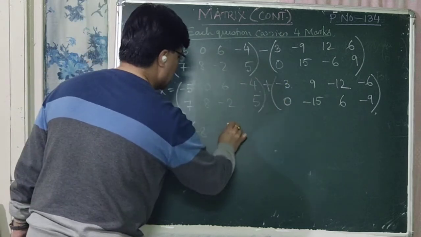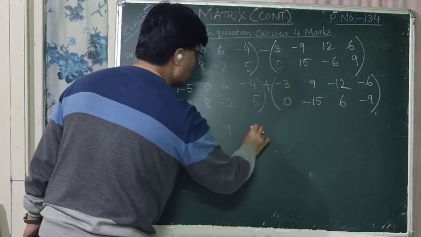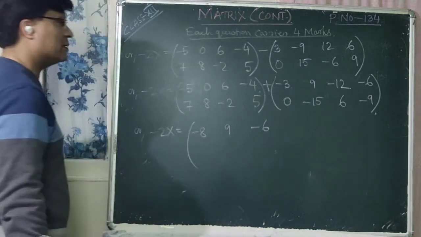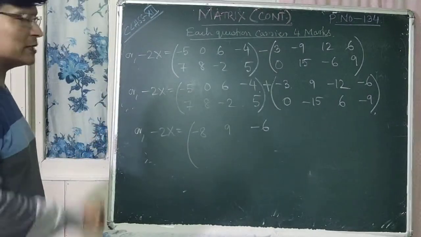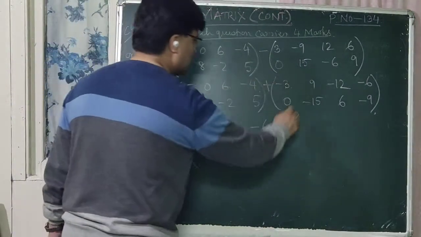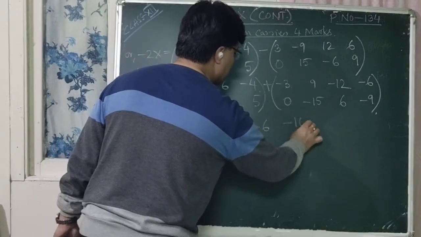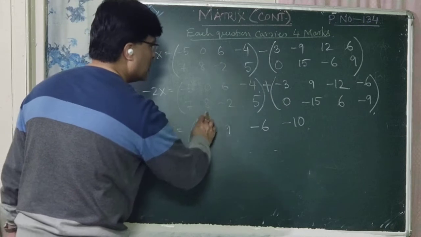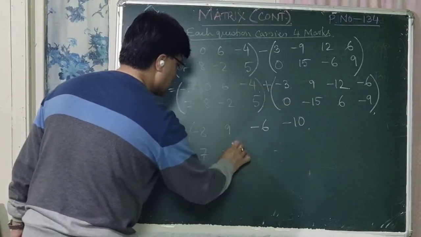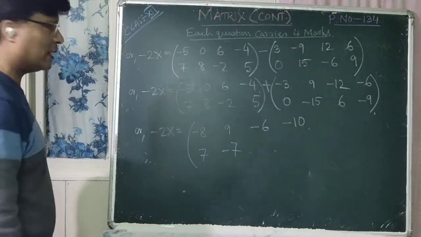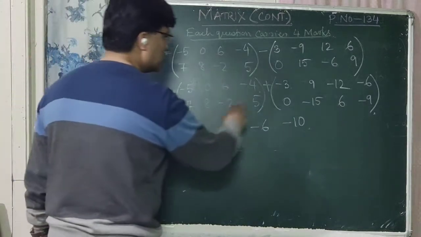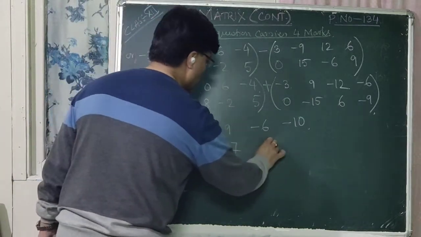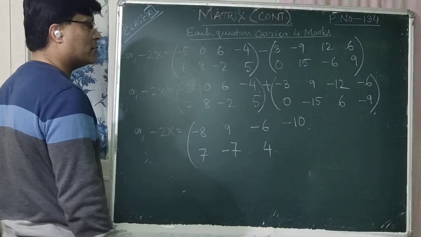Then 0 plus 9 is 9. Minus 12 plus 6 is minus 6. And minus 4 minus 6, same sign, you have to add them, minus 10. Again 7 plus 0 is 7. 8 plus minus 15 is minus 7, right? Then minus 2 plus 6, 6 minus 2 is 4.